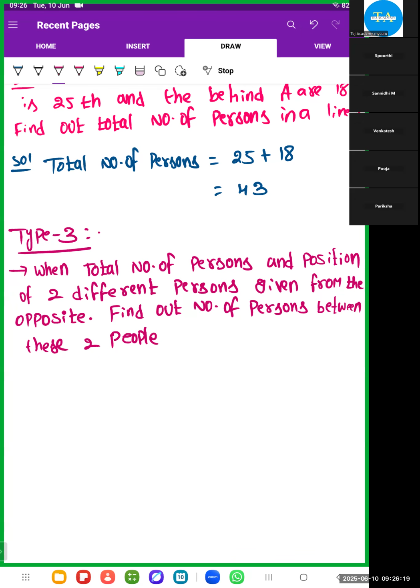So in this statement we'll follow it case-wise. Suppose I take case 1, where the positions are of opposite persons.